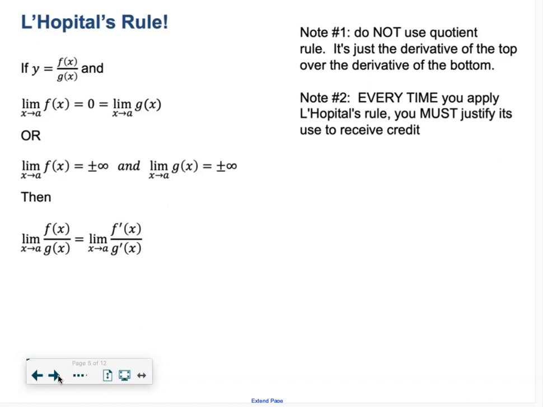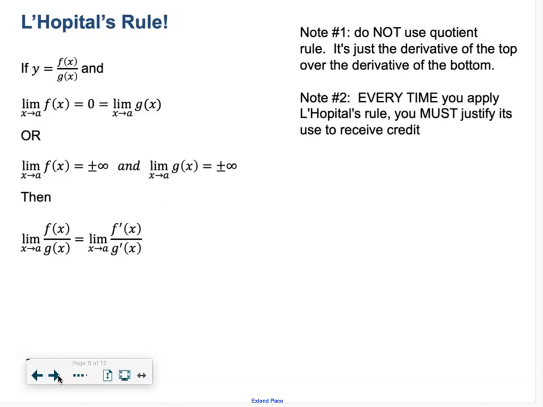So if y is equal to a rational function, and the limit of the top and the limit of the bottom are both 0, or the limit of the top and the limit of the bottom are both an infinity. The sign doesn't matter for the infinity. It can be plus or minus on either one. They can match or not match, doesn't matter.